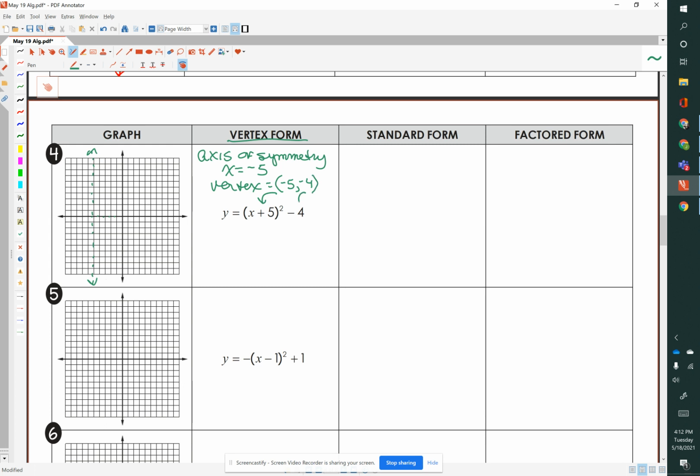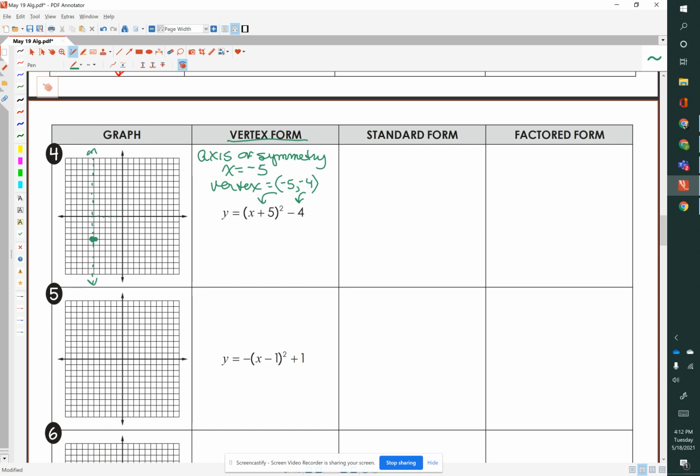We get the -4 from this value right here, the k value. So the vertex is -5, -4. Let's mark that. It's not stretched, it's not compressed, so it's a pretty typical quadratic. We could find some ordered pairs, but let's just leave it at the vertex for now, okay?